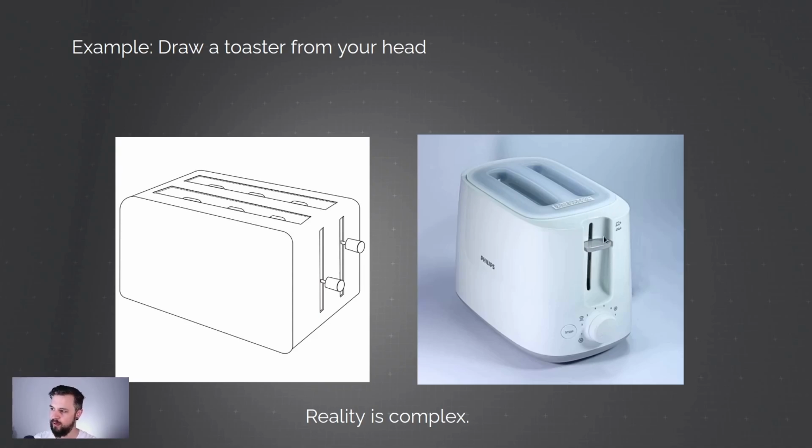For example, there is a controller for how dark your toast should be. There's a stop button. There's, of course, the name of the company on the toaster. There are all kinds of safety text that you constantly ignore, including some instructions next to some parts of your toaster. Also, what you can't see here is a little tray that you can take out to get rid of the crumbs.